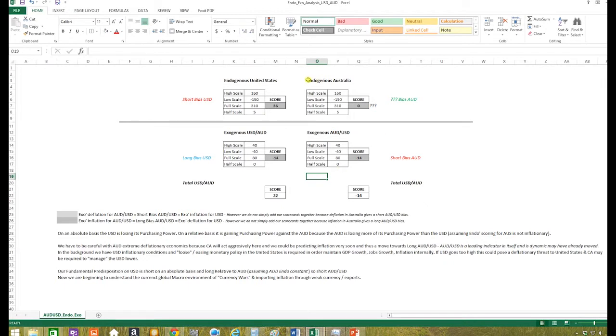So also in Australia, we've kept our endogenous analysis constant, and the exogenous analysis is contributing negatively to our Australian scorecard. So if you want to look at this in this way, excuse the typo there, that should be Aussie dollar, US dollar. If you want to look at it in this way, this is how we can look at it.